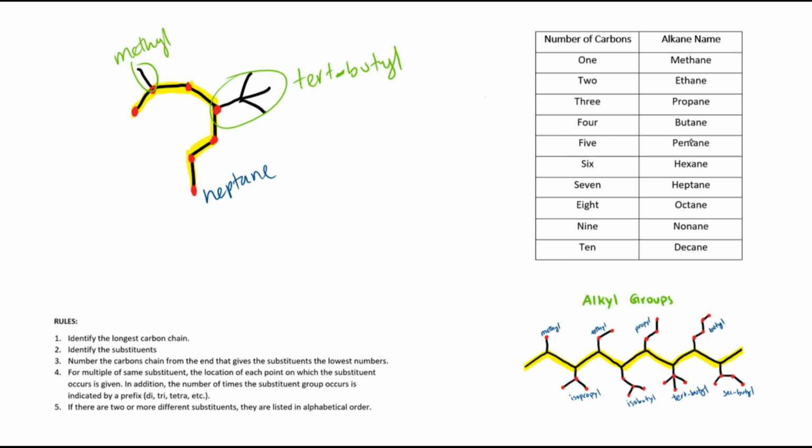One of our alkyl groups is closer to the top, so we'll start counting from the top. 1, 2, 3, 4, 5, 6, 7. Just like any other alkane, we'll put them together for the final name. 4-tert-butyl-4-methylheptane is the final name.